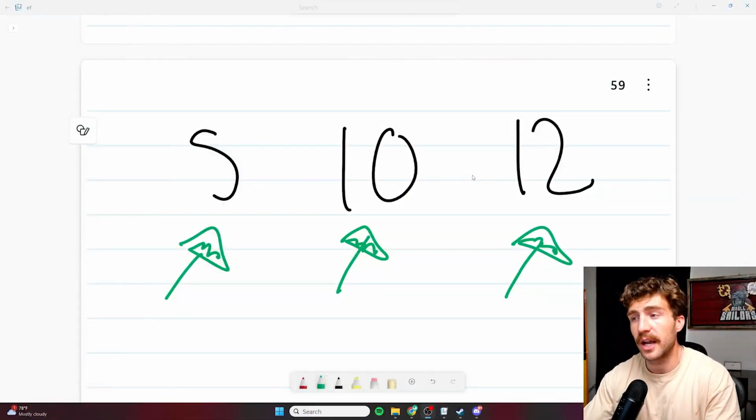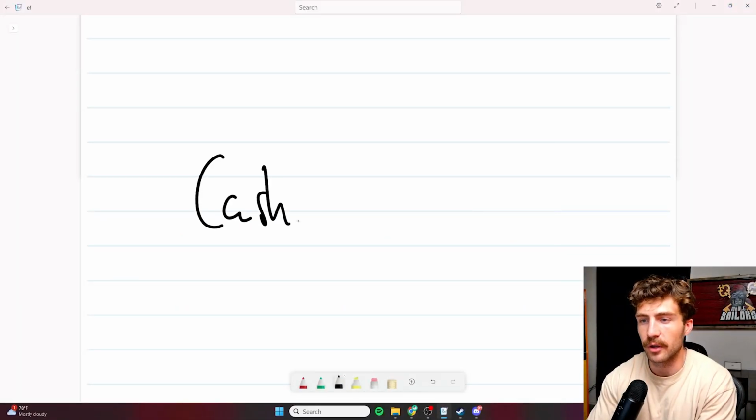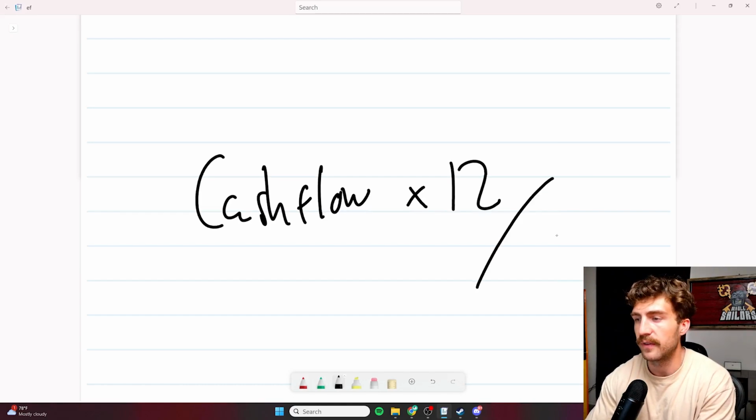And in order to calculate 12% cash on cash returns, what we would do is we would take the cash flow, multiply it by 12, and divide it by the entry fee. Now in this scenario, the cash flow was negative, so we wouldn't have a good cash on cash return. But Pace would take the pad split cash flow, the Airbnb cash flow, the midterm rental cash flow, then multiply that by 12 and then divide that by the entry fee and hope to get a number greater than 12%.